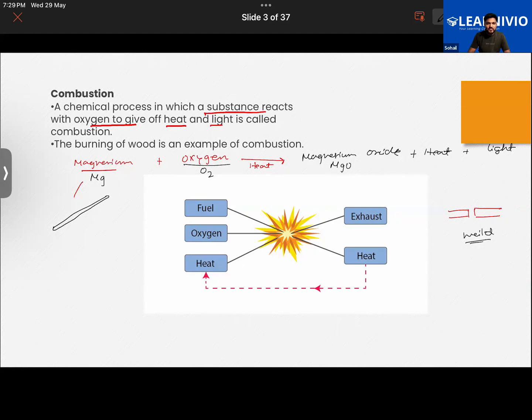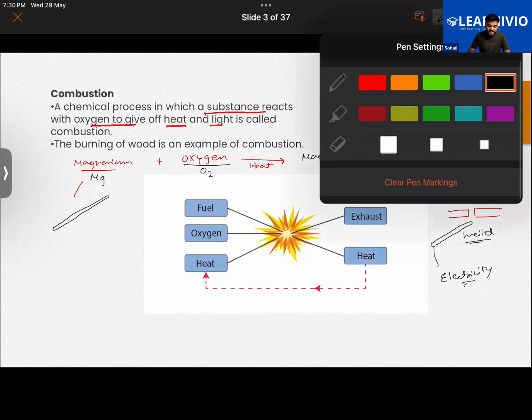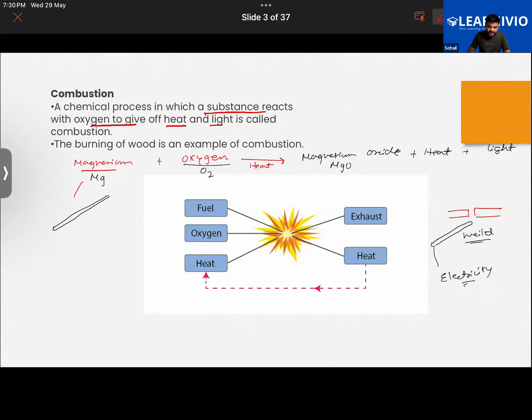So what you are going to do is take a piece of magnesium ribbon and connect it to a source of electricity. As electricity passes through it, it will heat up, and as the ignition temperature is reached, it will start to catch fire. So much heat is generated that the two metal objects will start to melt a little bit.